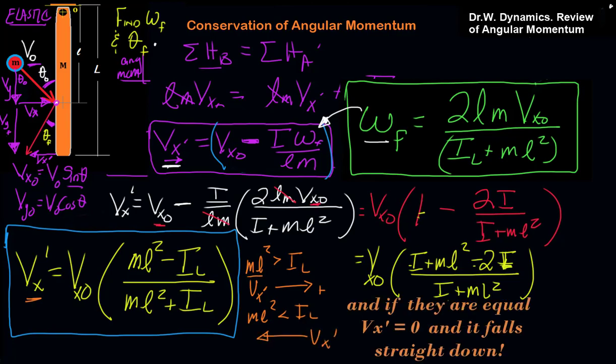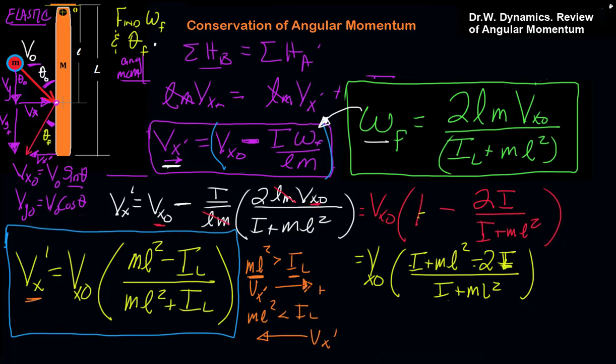So the value of ml², the I of the small mass coming in the x direction versus the I of the bar that's hanging there, drives whether or not the rebound would take place or whether the velocity would be moving in the other direction. In either case, they're subtractive, and we expect that Vx prime will be less than Vx0, which tells us this angle theta up here, final, will be less than theta 0.